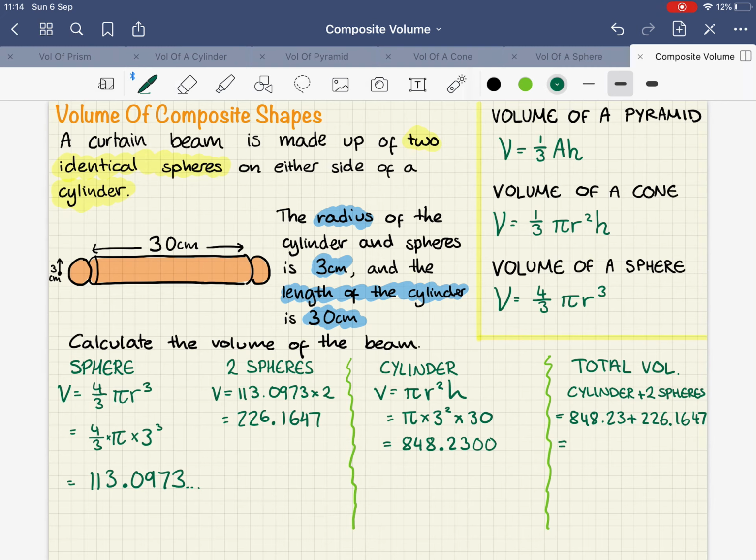And then I put that all in my calculator. So first I get an answer of 1074.3947, but I'm just going to round it to 2 decimal places as 1074.39 centimeters cubed.